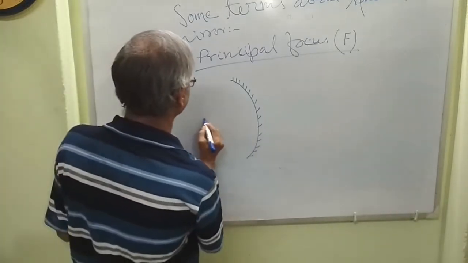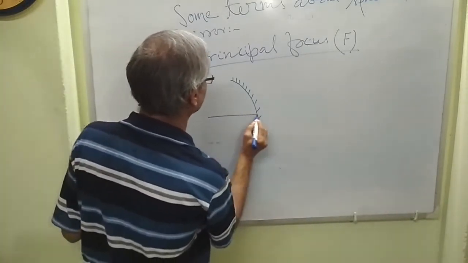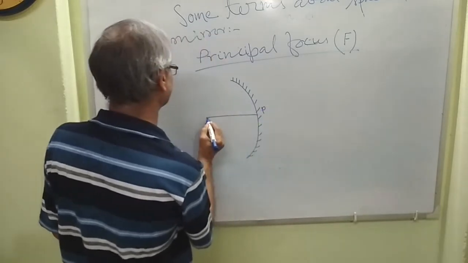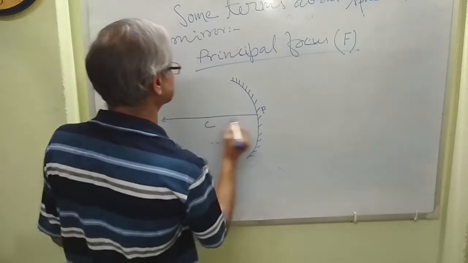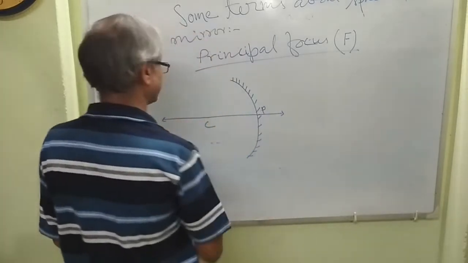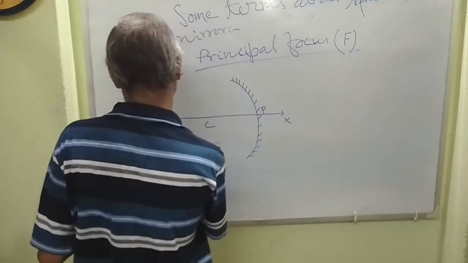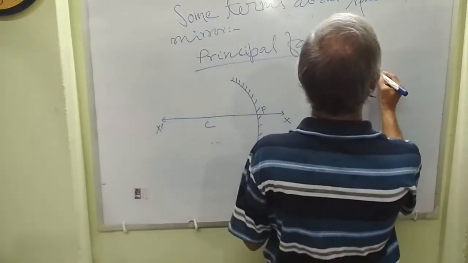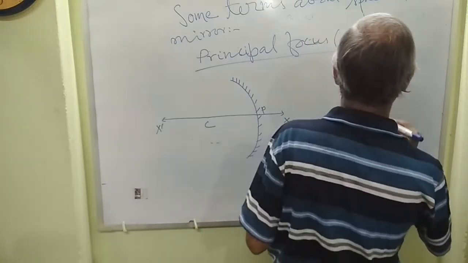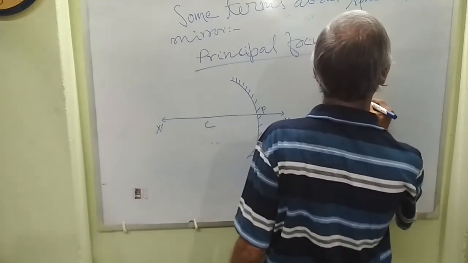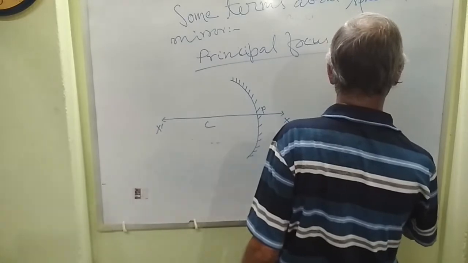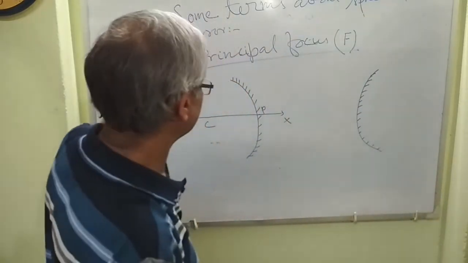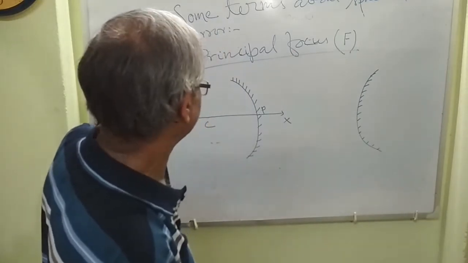Now we have already the pole P, C the center of curvature, and the principal axis, X prime. In the case of convex mirror, the inner portion is silvered. Here we discuss another definition of a concave mirror.